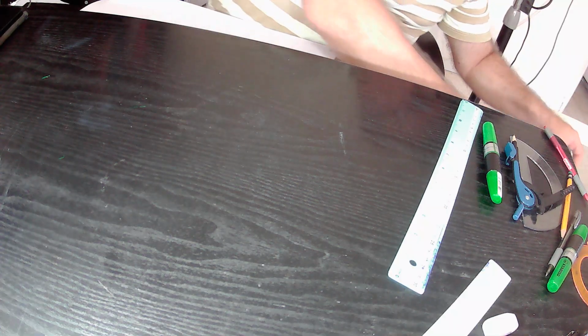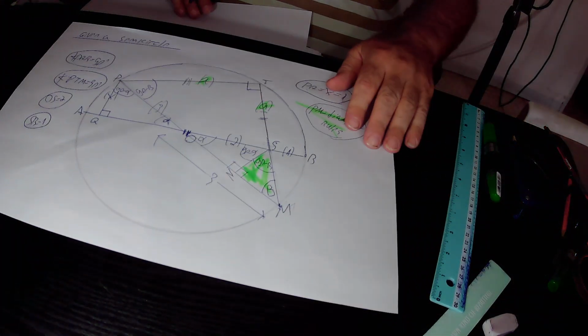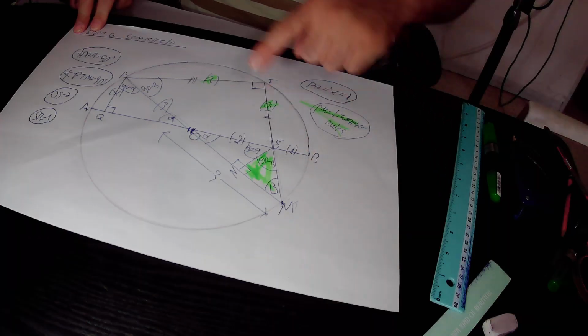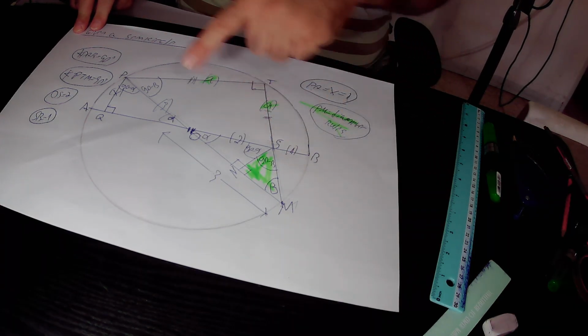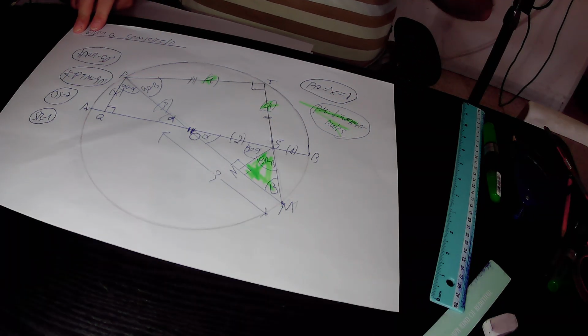Because in our drawing we have chord TM that intersects with chord AB at point S. So all the requirements of rule 15 are satisfied, and therefore we can implement rule 15 in our drawing.